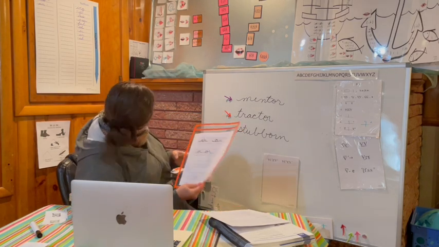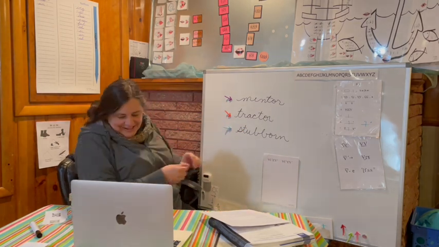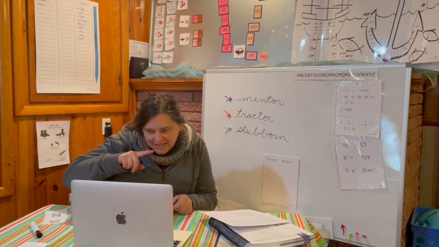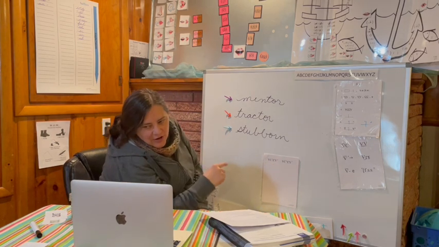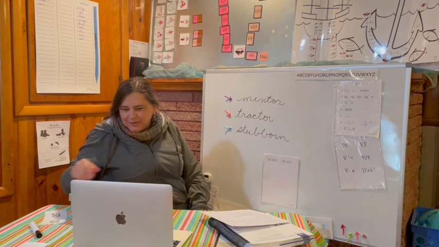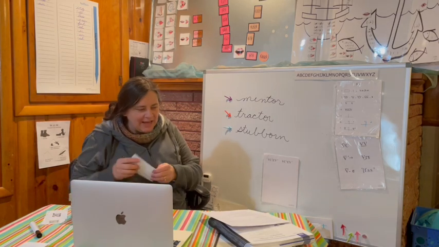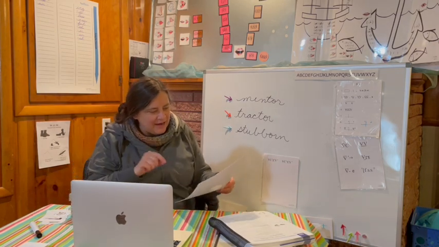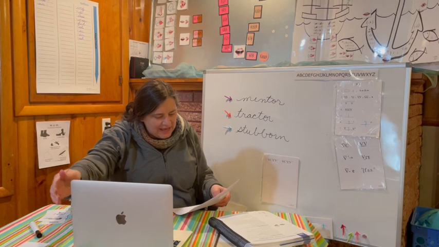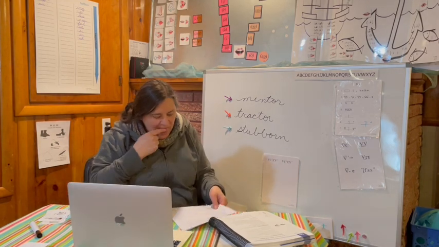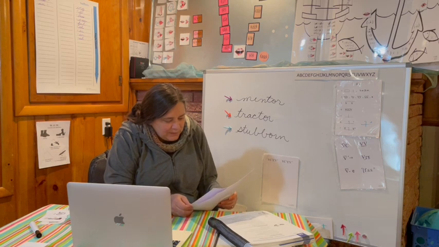Combination OR. Good. And then you can take your pencil and trace it and say combination OR. Good. And then you can go over to the side and write and name it again. Combination OR.